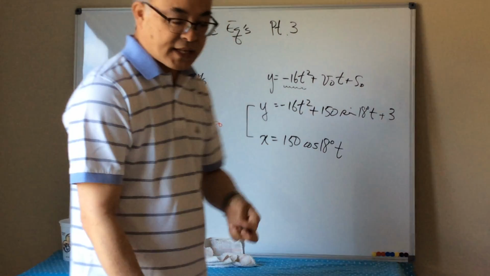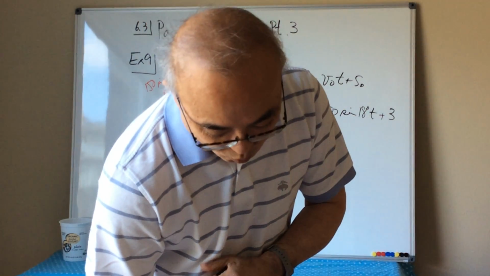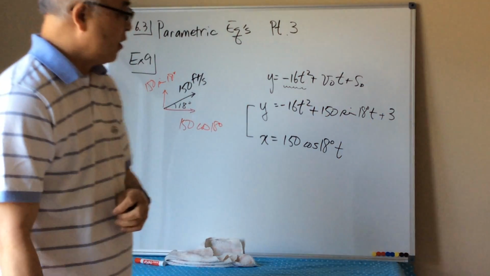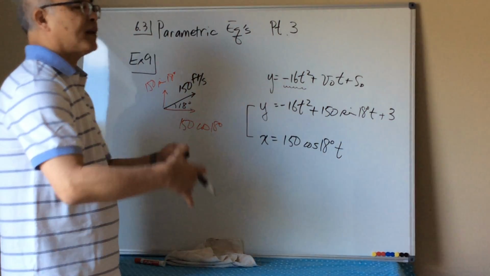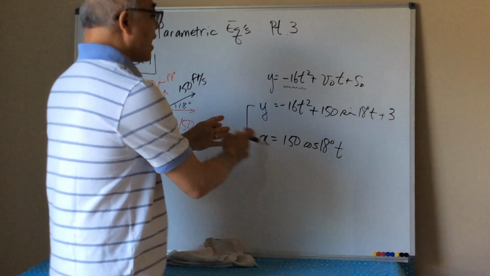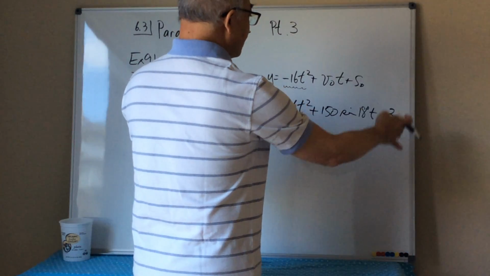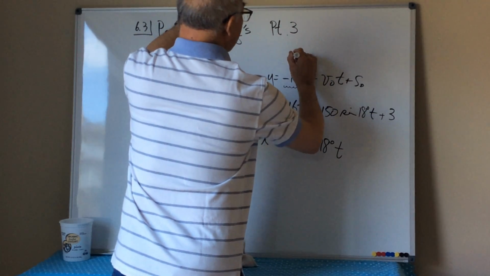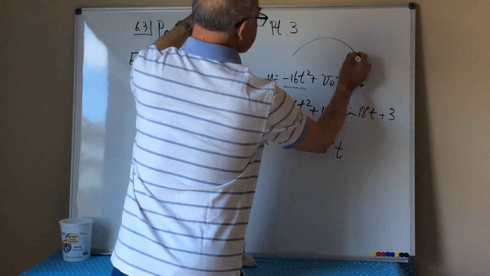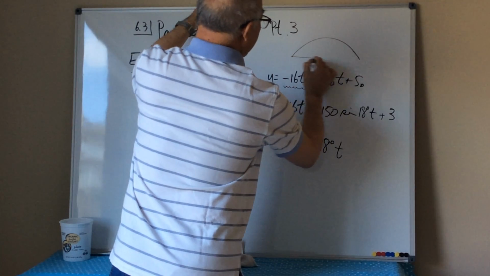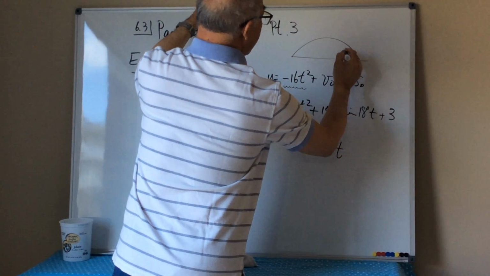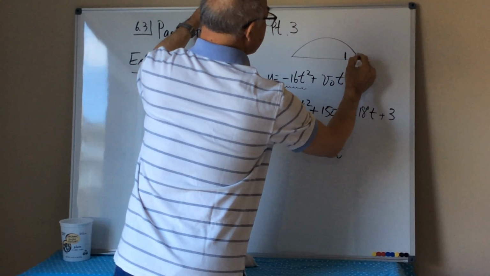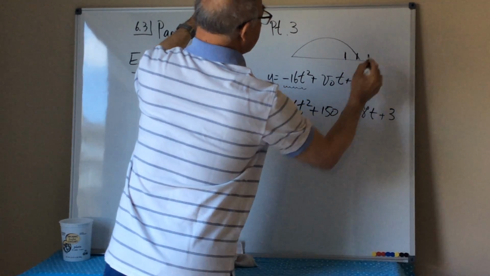The question is that there is a wall that is 400 feet away, a 20-foot wall. Will it clear that? What you're trying to find out is, at 400 feet away, what height is your y? In other words, if I hit the ball like this, at 400 feet, is the wall here, or is it here, or is it here?